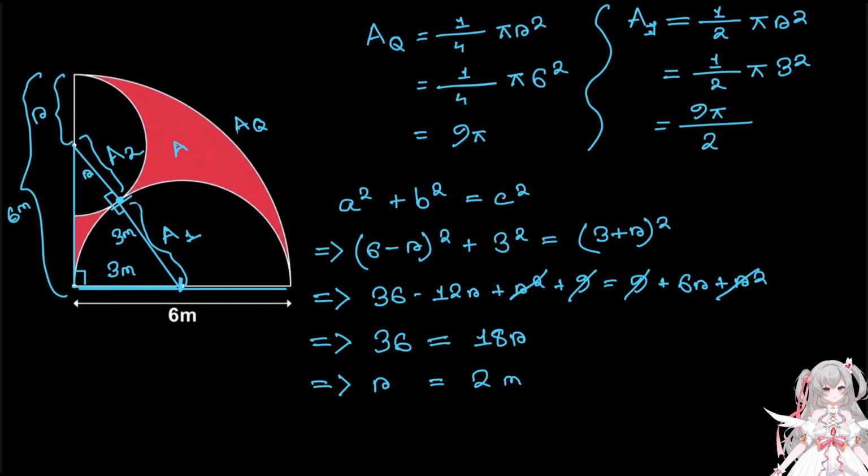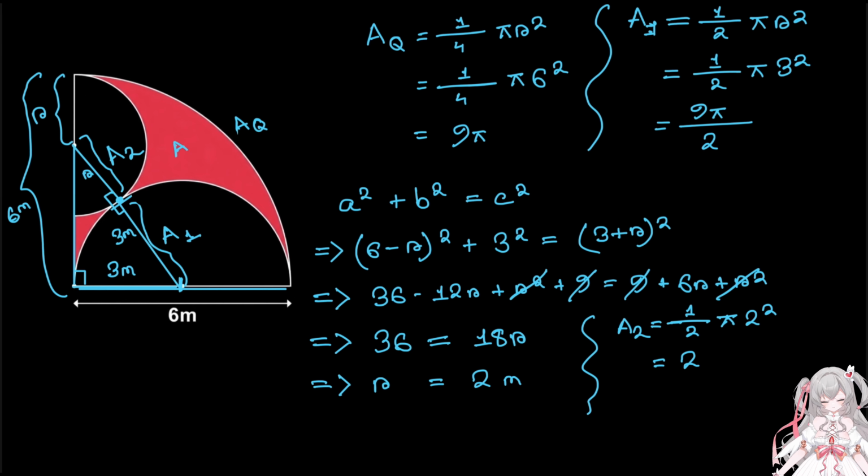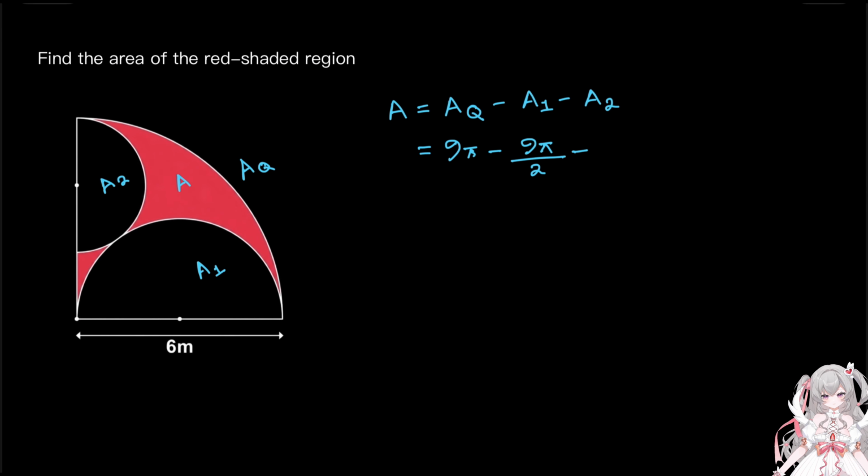And now our last task is to find the area of this semicircle. If we input the value of this radius, then we get A2 is equal to 1/2 pi 2 squared, and simplifying it gives us 2 pi, which we can substitute in this equation.